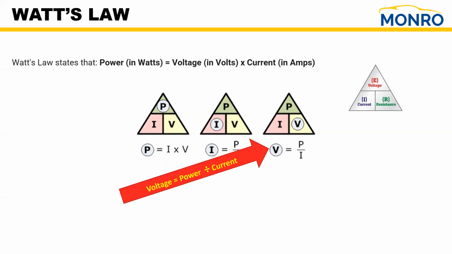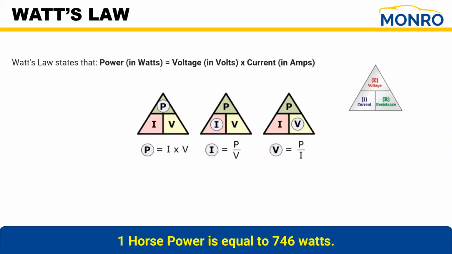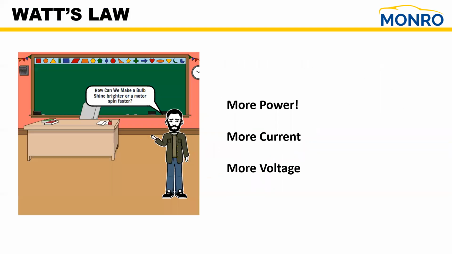Why is that so important? Because when you start to measure the amount of work that's being performed, or power, it becomes extremely important, especially when you're dealing with electric vehicles, because 1 horsepower is basically the equivalent of 746 watts. So, what's the real question? How can we make a bulb shine brighter or a motor spin faster?